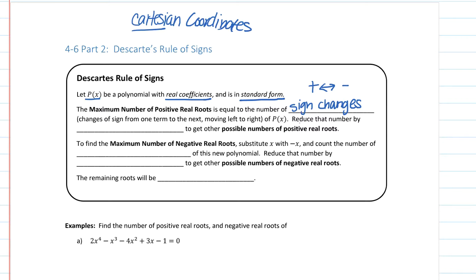That's a sign change, so that's changes of sign from one term to the next, moving from left to right of your polynomial. Now that's the maximum number, but you can get other possible numbers of positive real roots by reducing that number by multiples of 2.